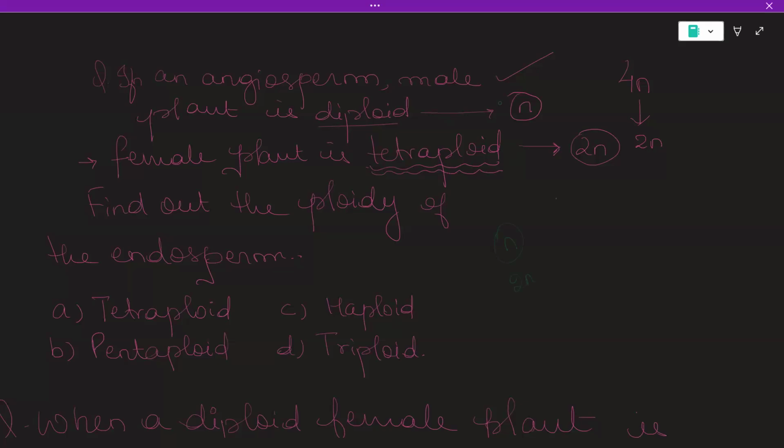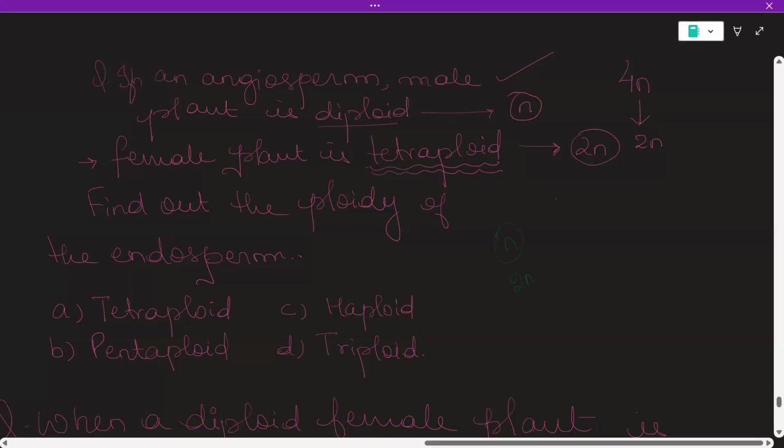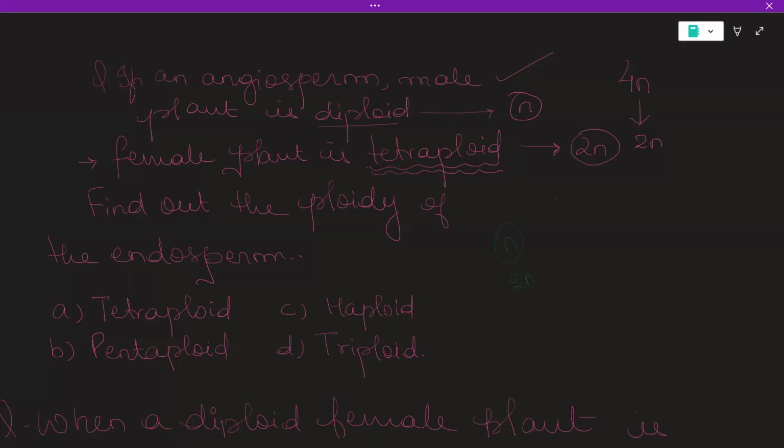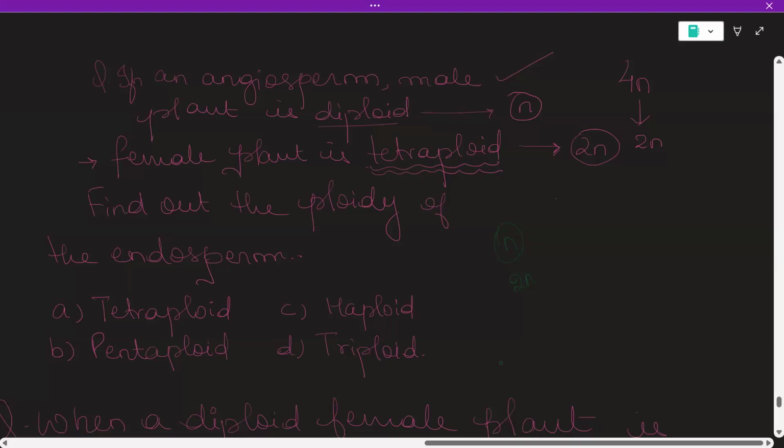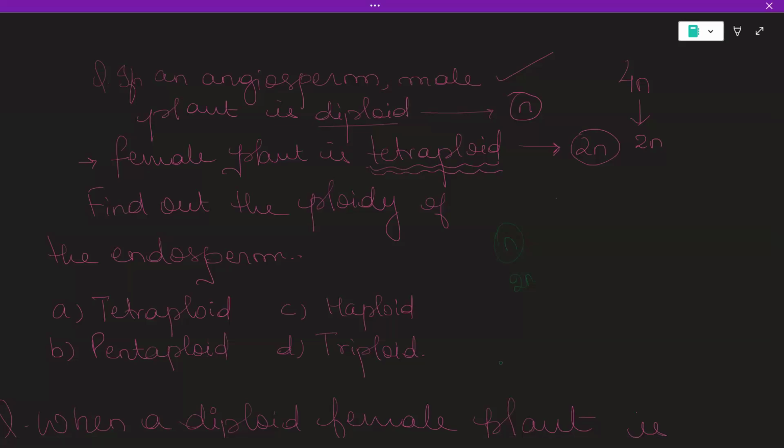So one sperm will fertilize an egg and form a 3N zygote. And then another sperm will fuse with two polar nuclei. So that will be 2N. So 2N plus 2N plus N will give 5N.